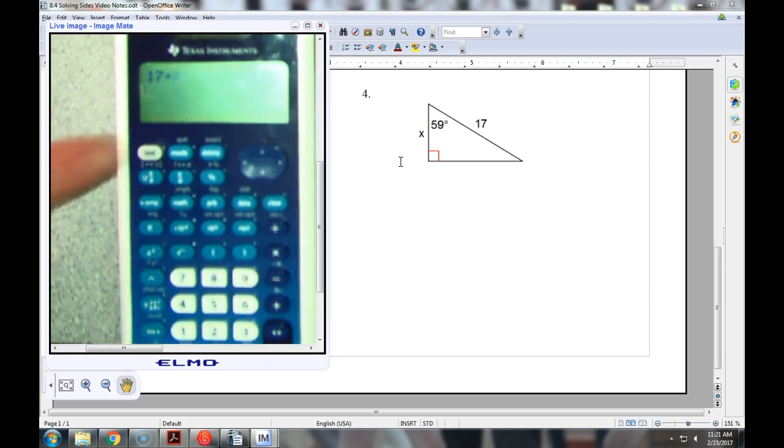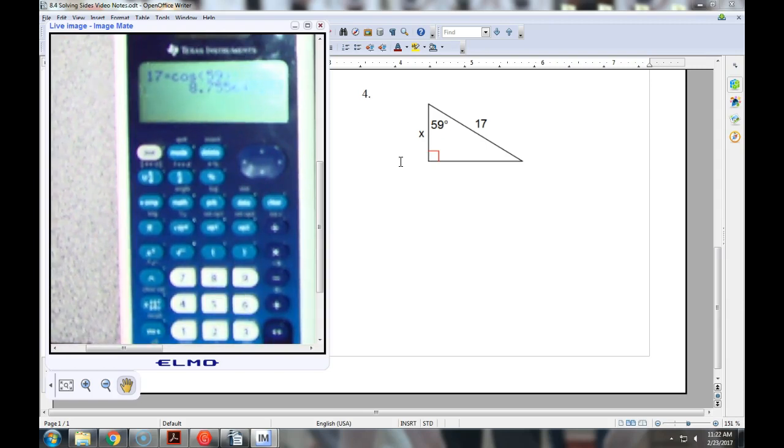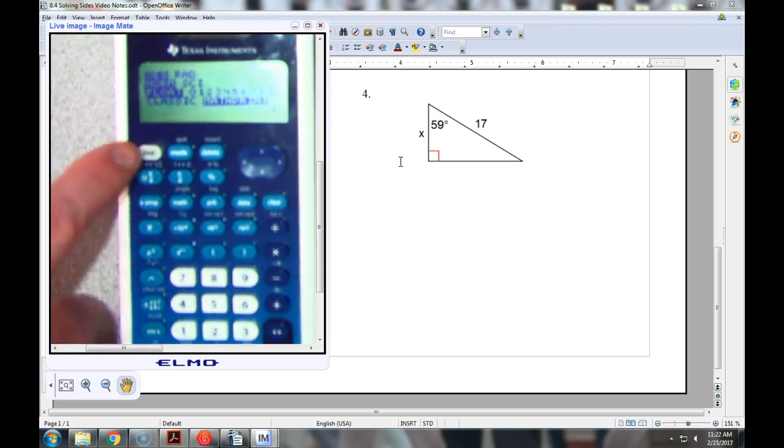Now for cosine, I have to hit second pi, scroll down to cosine, and then hit 59, and hopefully I get 8.8 like I did before. 8.75 or 8.8. Now this one's a little bit easier to see what mode you're in. You can just hit the mode button, and right at the very top it'll say DEG or RAD. Just make sure that the DEG is highlighted and hit enter, and you'll know you're in degree mode.